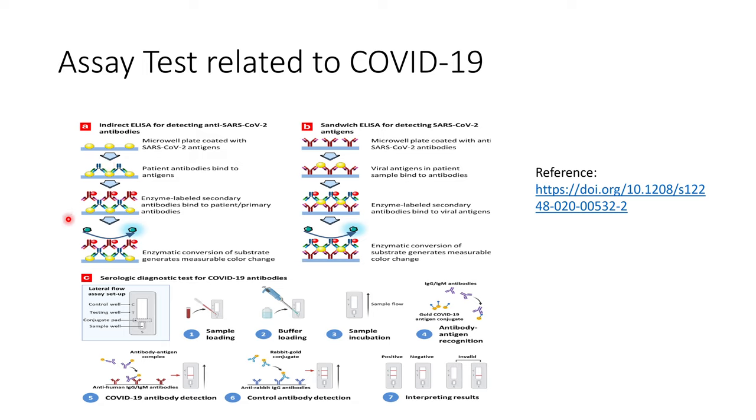After that, the secondary antibody, which can only bind to the anti-SARS-CoV-2 antibodies and also contains some fluorescence, will pass through the plate. And in the final step, an enzymatic conversion of the substrate occurs on the secondary antibody that generates a measurable change in color, which can be observed by eye.